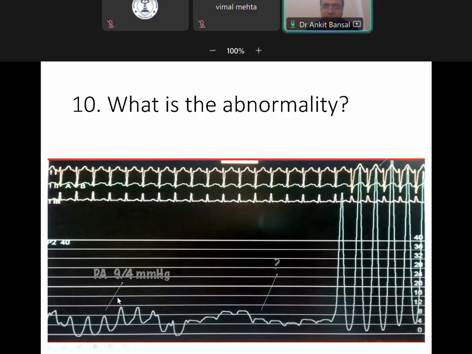We are taking pressure from an end hole. The end hole is looking away from the blood flow. The blood is flowing from RV to pulmonary artery. Our catheter is in the pulmonary artery, looking away from the direction of the pulmonary flow. So because of this end hole artifact, these pressures are very low.